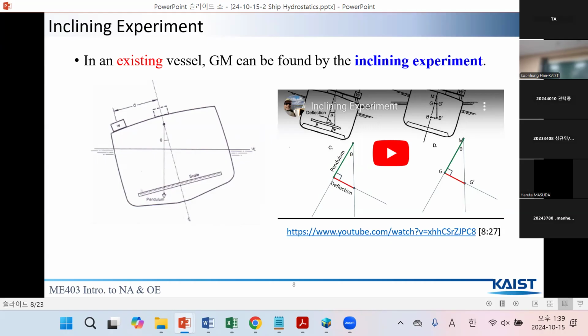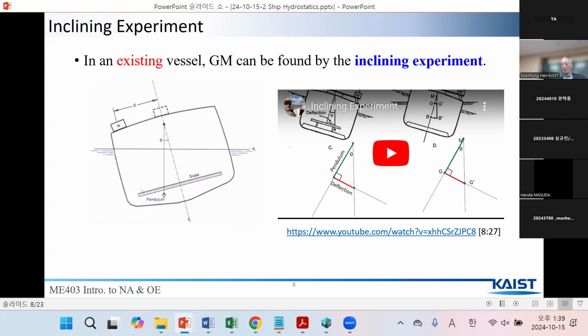So it is important not only for the weight, but also for the stability. If you know the weight, say 10 ton of weight and 10 meter of distance, you calculate the heeling moment. Right? And you also measure the heeling angle. Then you can calculate the other things in reverse.